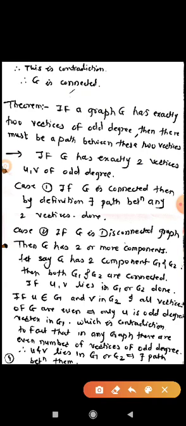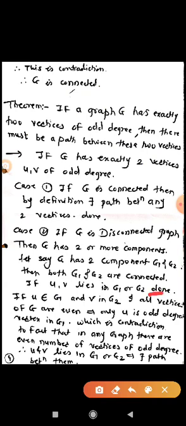Now next, the possibility is that both vertices U and V lie in either G1 or G2. If both vertices U and V are in G1 and G1 is a component, then clearly G1 is connected and there exists a path, and the theorem is over. Same for G2: if both vertices are in G2, then we prove the theorem.